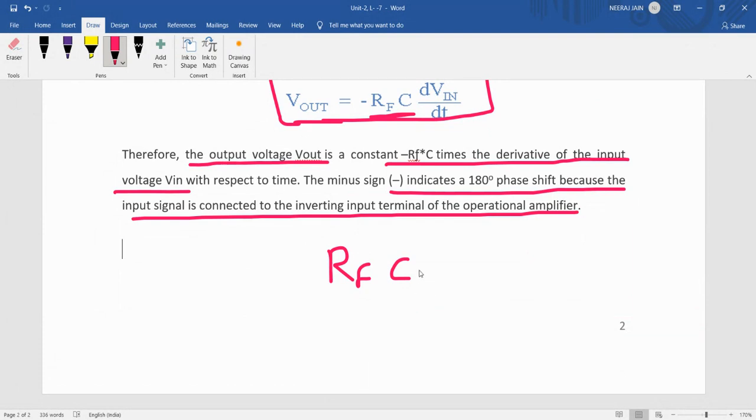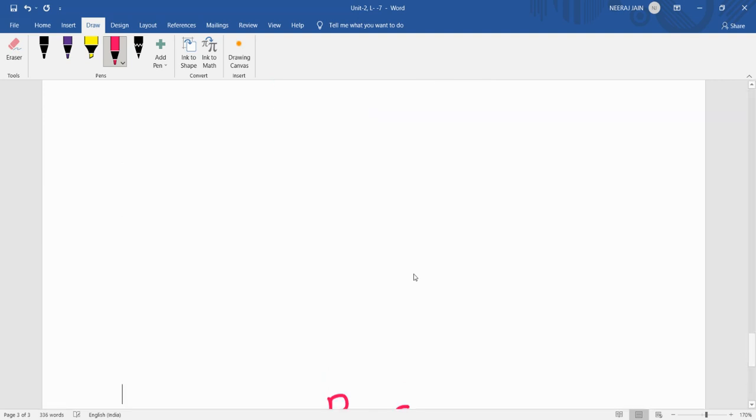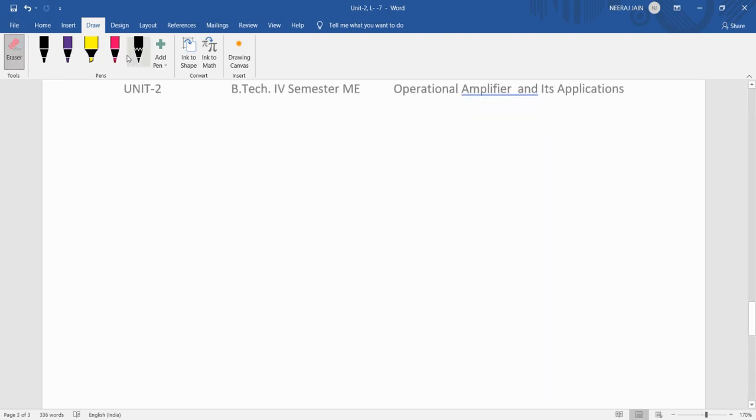Now, let us see the waveforms, how the waveform can be achieved. If we give any input waveform, then we will see what we achieve through the differentiator.